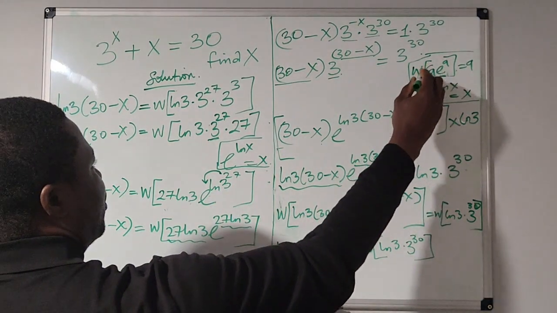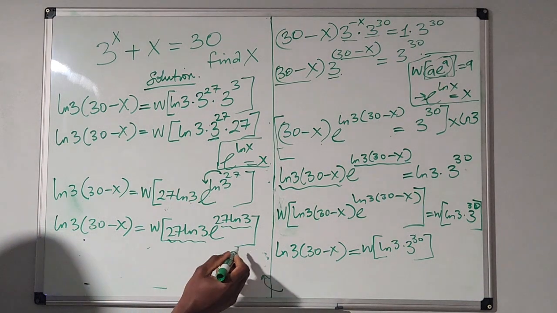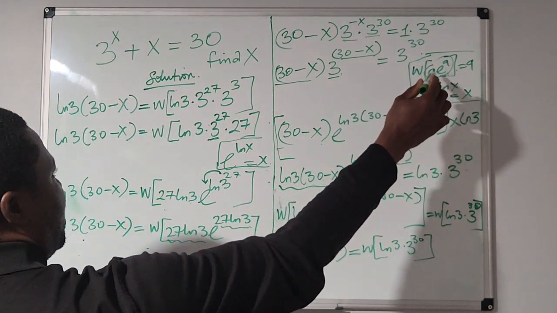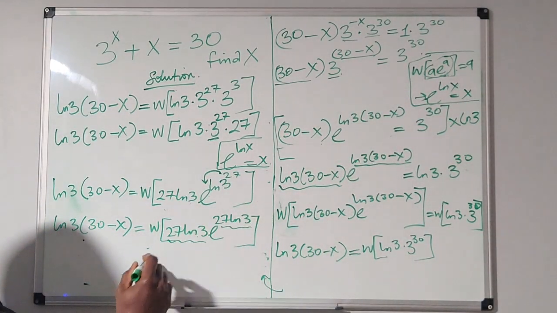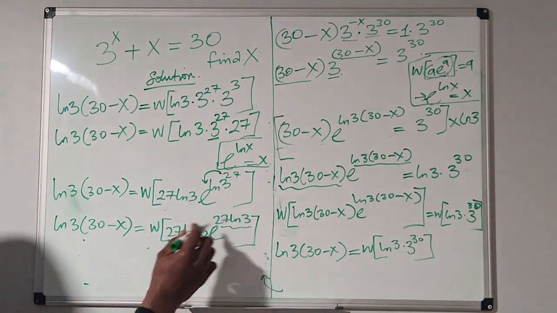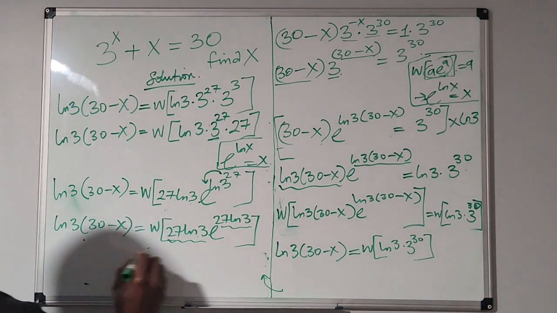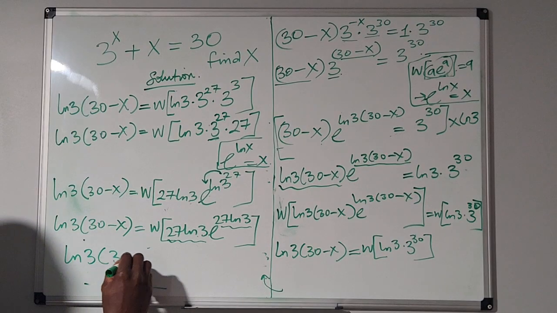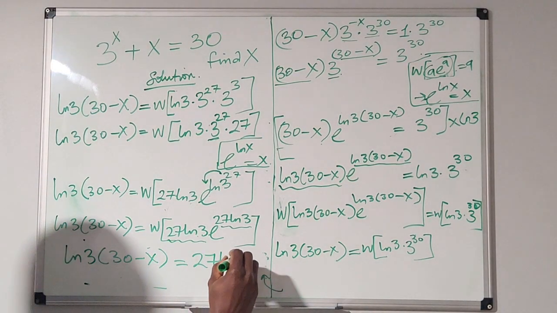So it looks like what we have here. And if we apply the Lambert's rule, we said W of a e raised to power a is equal to a. This is our a, that's our a. So applying the Lambert rule, it becomes equal to 27 ln 3. Okay? So now what we have is ln 3 (30 minus x) equals 27 ln 3.